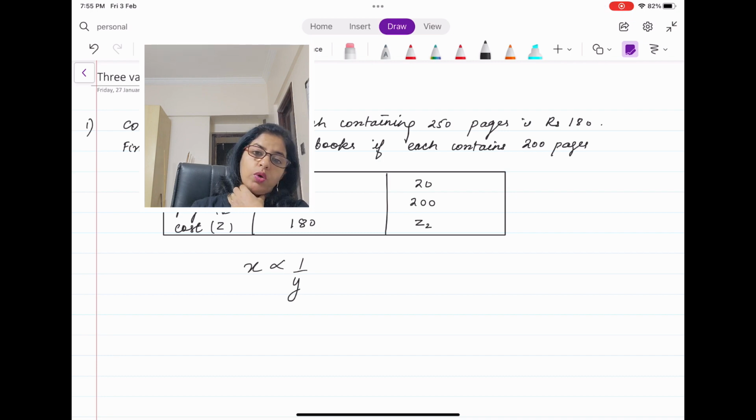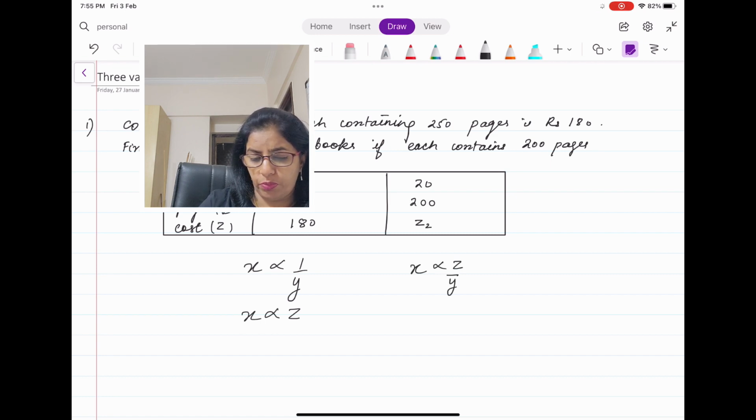And we know that if the number of books is more, the cost is more. So books is directly proportional to Z. Now we have the relationship of X, Y and Z. We can say that X is proportional to Z upon Y. Once we have this, we can change the proportion sign to an equal to sign by using a proportionality constant.